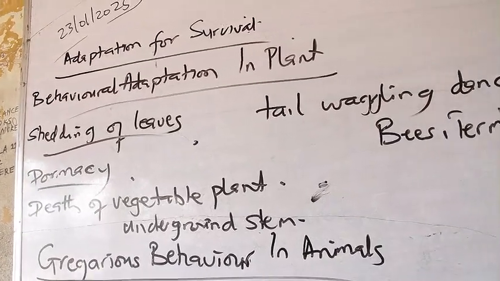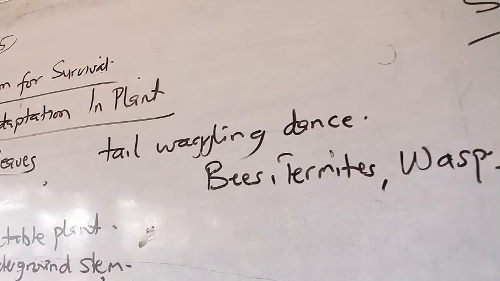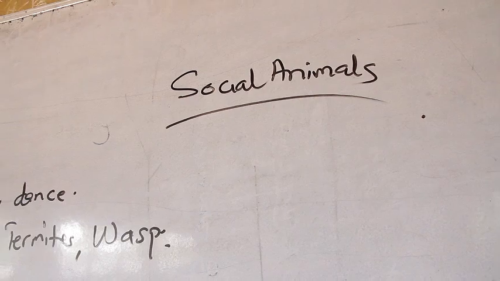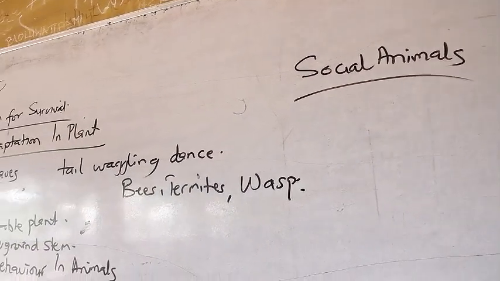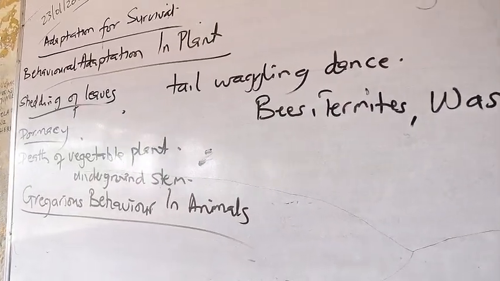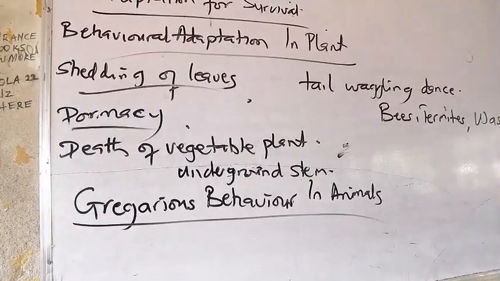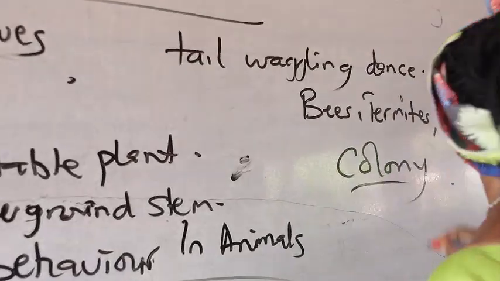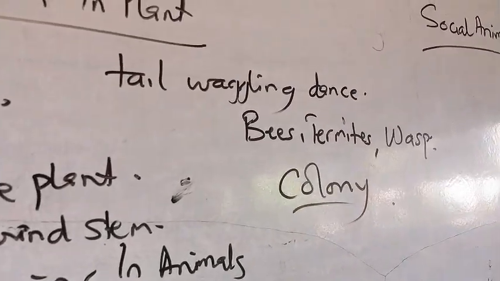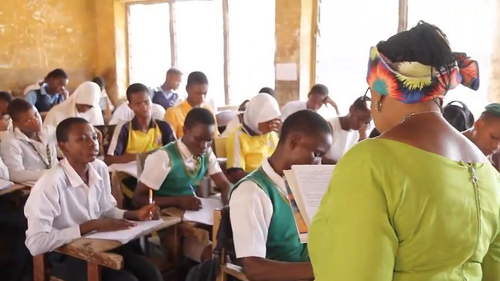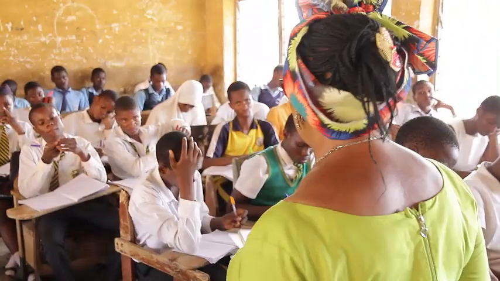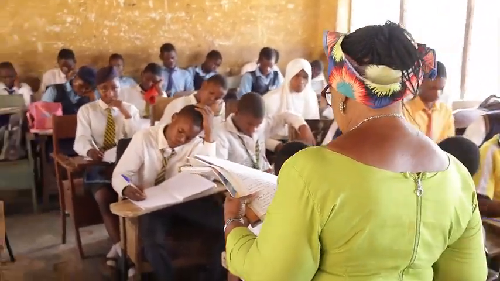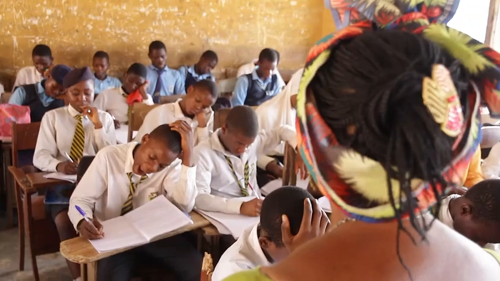That's a side topic. Social insects live in highly organized societies or colonies. I've been writing colony, I hope you know the spelling. I've been saying colonies. A colony in which each member serves the whole group.